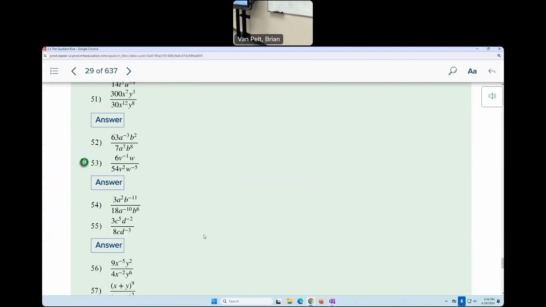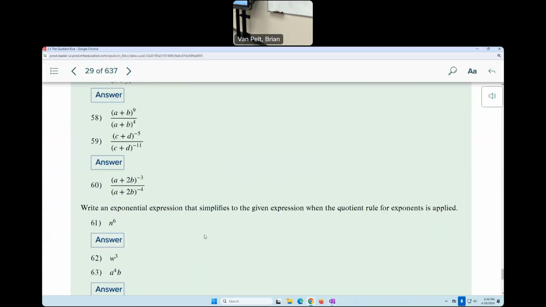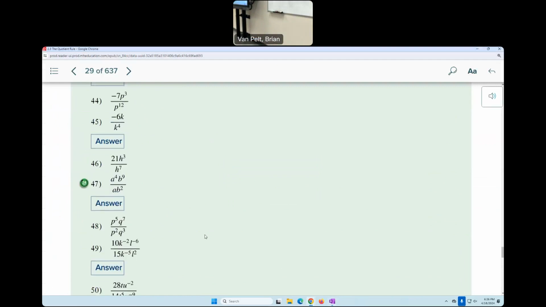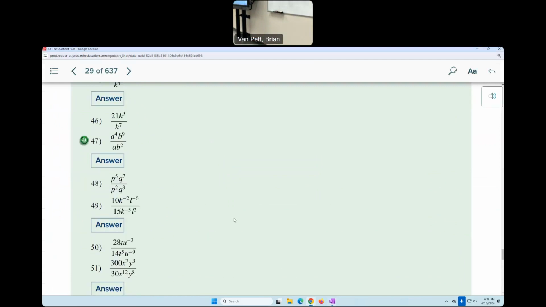How bad do these get? Look at these horrible things. We've done some of those. Let's start when we have multiple variables.